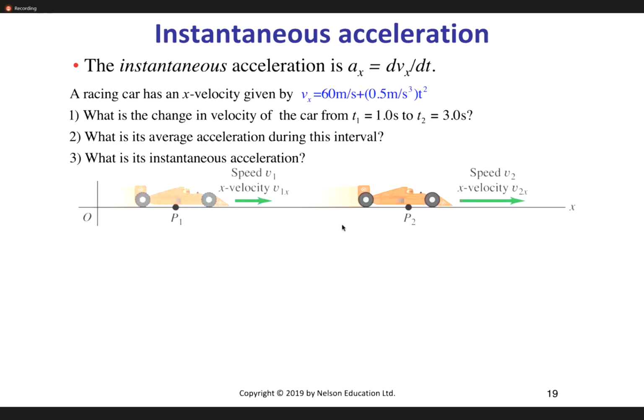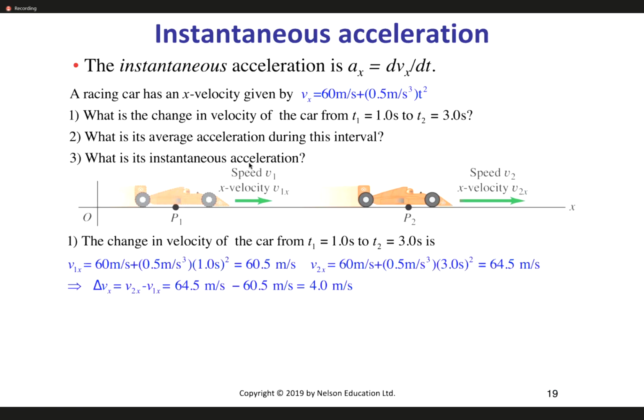What we have is a racing car that obeys this equation, and we want to know change in velocity, average acceleration, and instantaneous acceleration. Well, again, I'll need to add in the specific directions, but the way that we do the change of velocity is exactly the same way as we calculated the change in position for the cheat question.